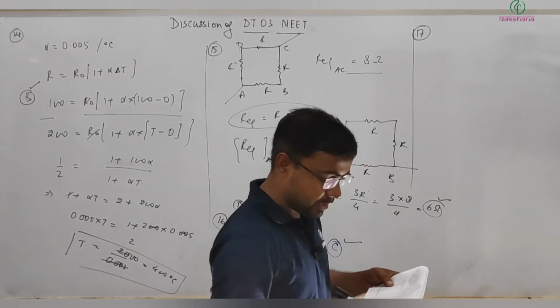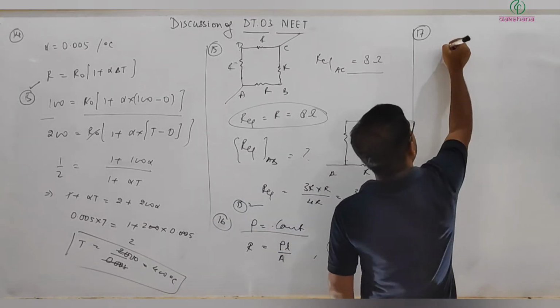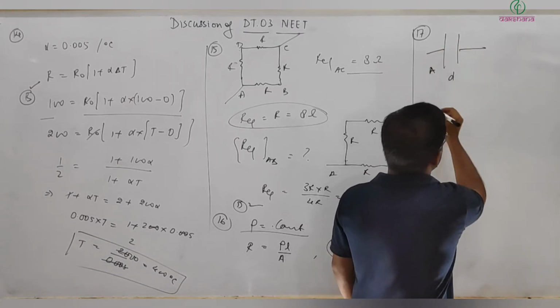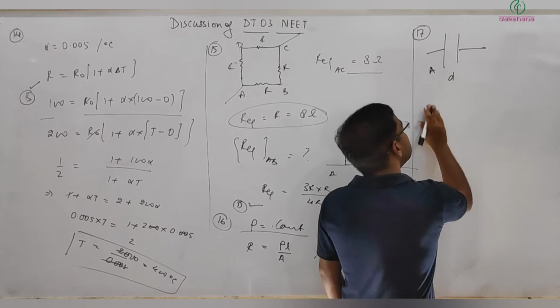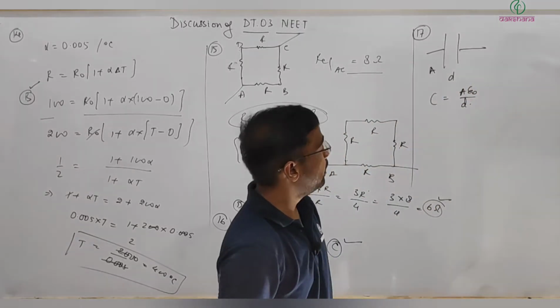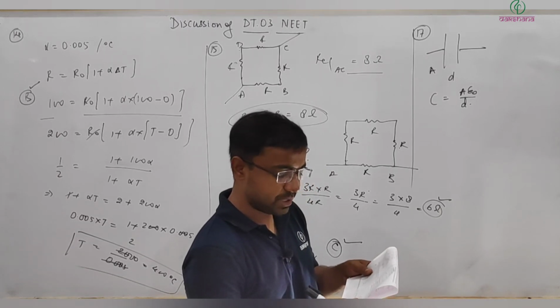Next question number 17. It's saying two metal plates are separated by distance d, with area A. So C here is equal to A epsilon naught divided by d. Clear? Next, a metal plate of thickness t and the same area is inserted between the condenser plates.